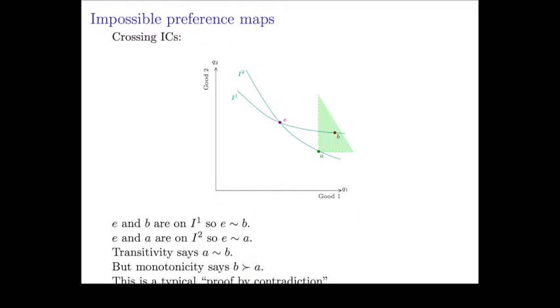This is a typical proof by contradiction. So we've proven by contradiction that there cannot be a point where two indifference curves I1 and I2 cross. For if they did, we would be able to find an impossible situation where there's a violation of monotonicity.